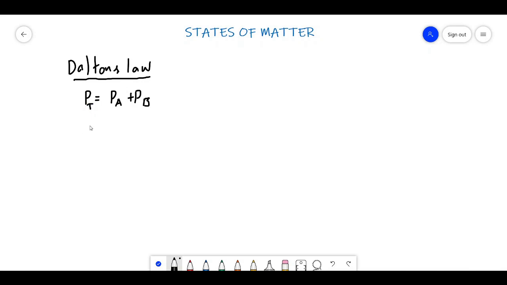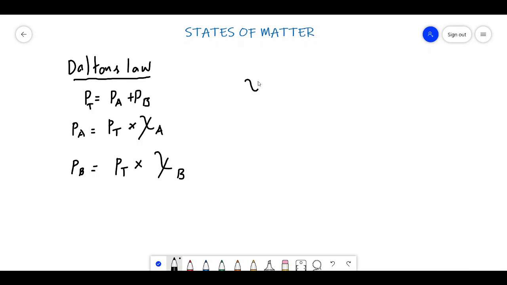And if you want to calculate the partial pressure of A, it will be equal to the total pressure of the gas into the mole fraction of A. And the partial pressure of B is the total pressure into the mole fraction of B. Now what does mole fraction mean?